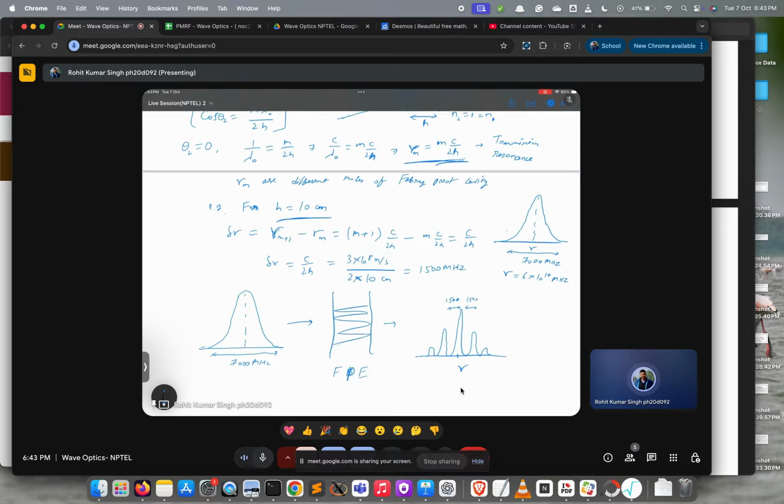Now you tell me why I have shown only 5 peaks here. Any idea? So this is the width, and the total width of the incident light was 7000. So why 5 peaks only?